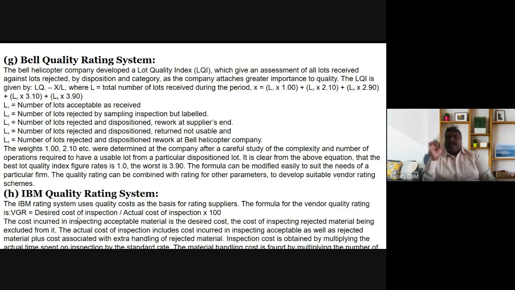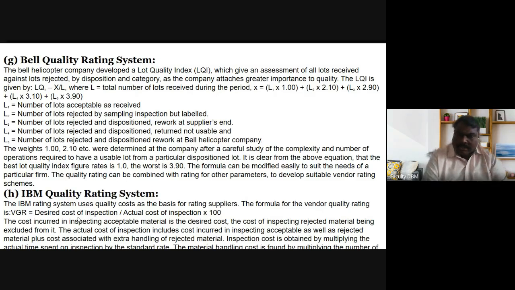If you do that, we are going to get VGR, that is vendor grading and rating. We are going to get that percentage, and we are going to calculate it for all the companies, and whichever has the lesser cost percentage, we are going to give more orders to it.